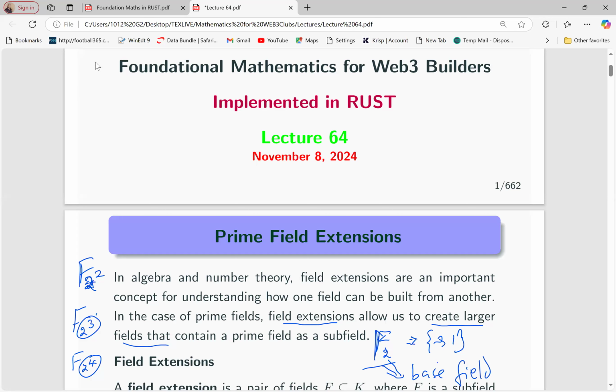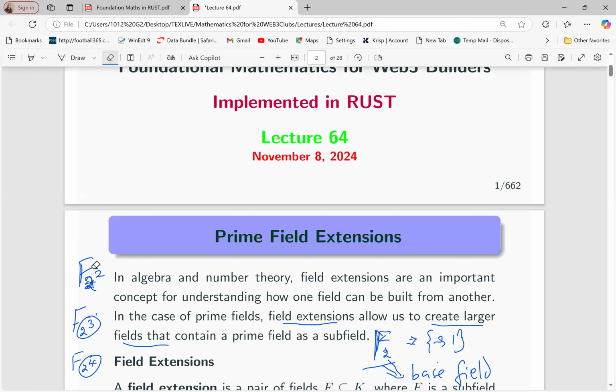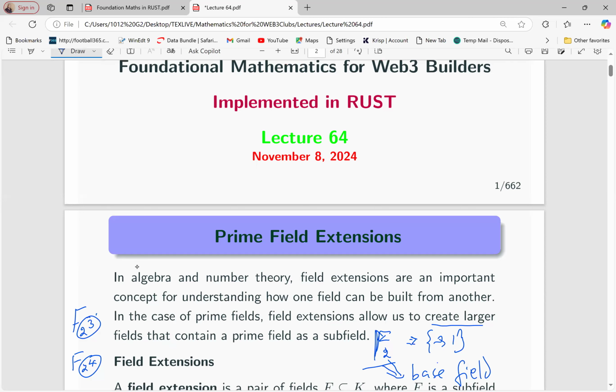So you're given a base field, and out of that, you create extensions, and so those we call the field extensions. Now in this case, this 3 becomes the degree of this field. So this field will be of degree 3, and this one will be of degree 4, and so on.